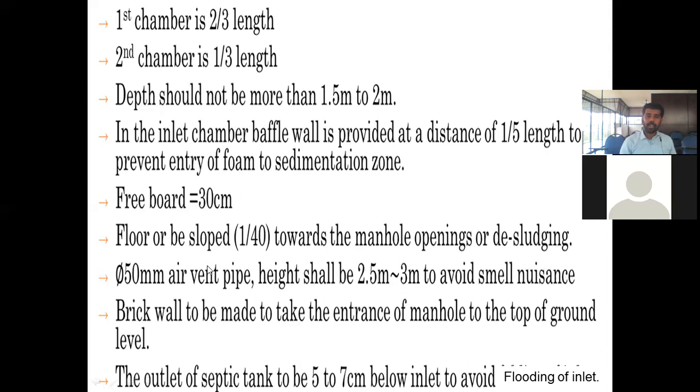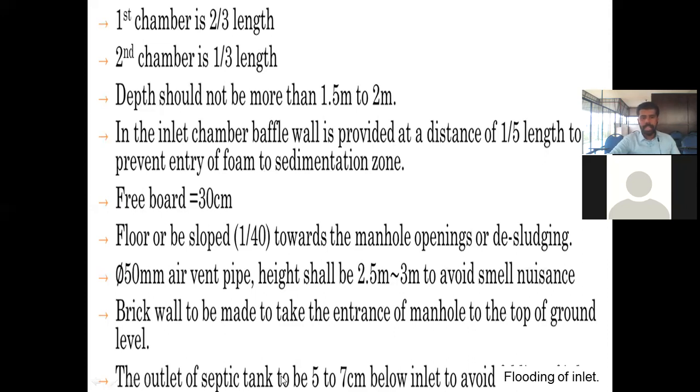If you need to get into the septic tank for desludging or similar work, you have to make a wall from the manhole so that you can enter for maintenance or servicing. So the brick wall is to be made to take the manhole entrance to the top of the ground. I'll show you the picture also.